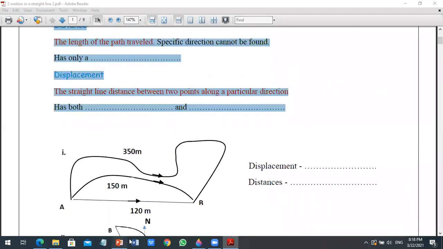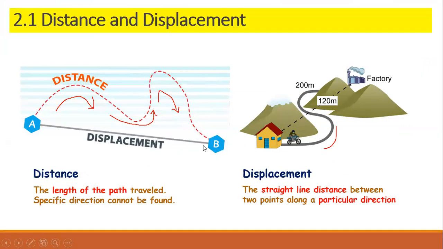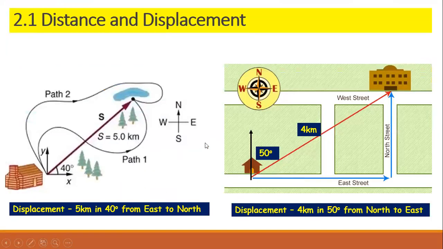And then I am moving to the lesson now. These are a few other examples. This is again about distance and displacement. Here you can see there are two paths. One is 5 km, and the displacement here is just 5 km.